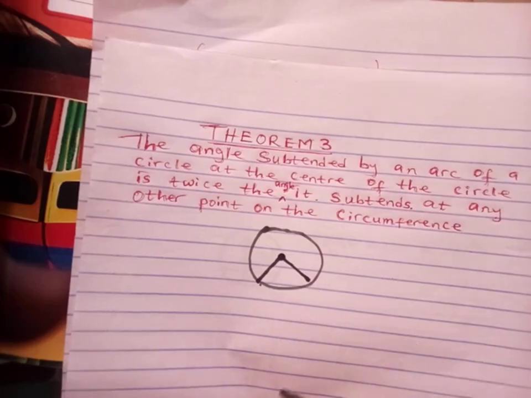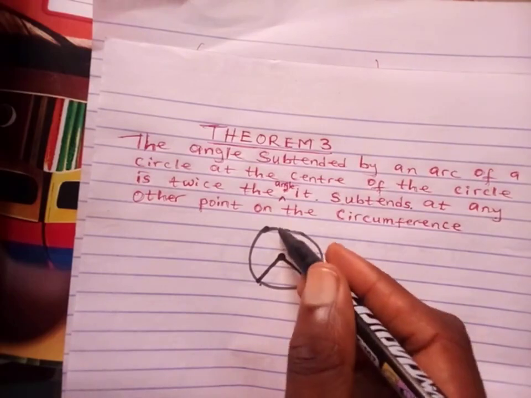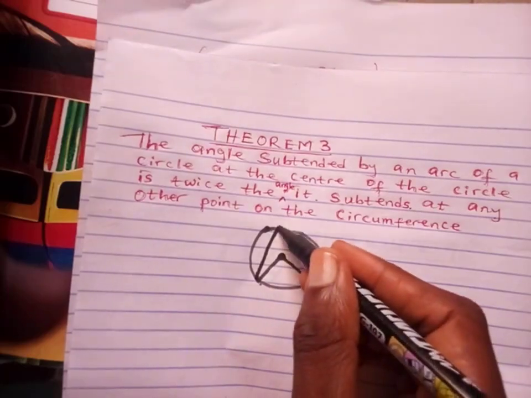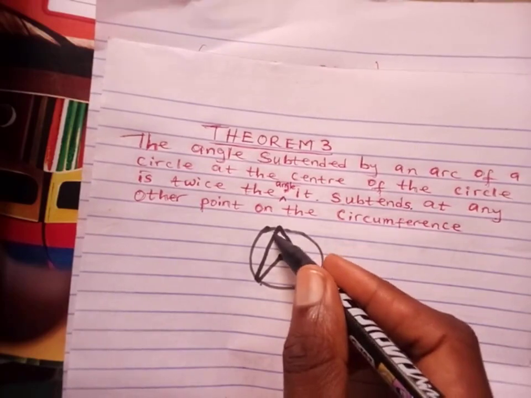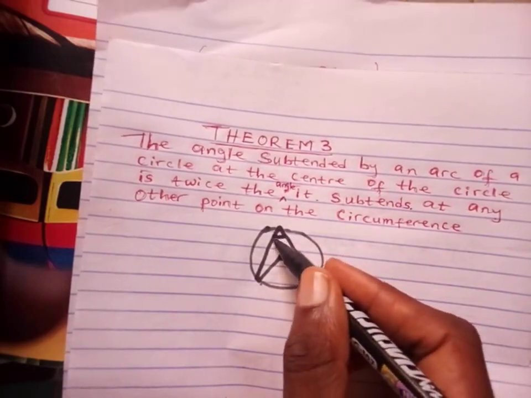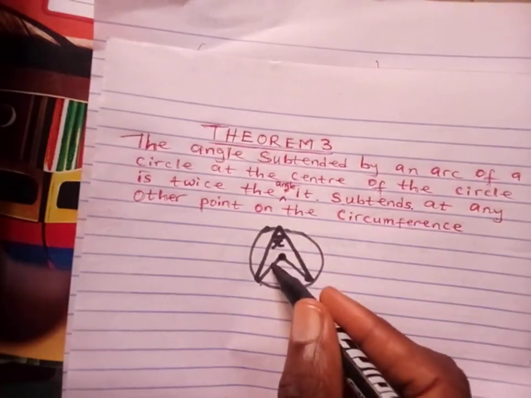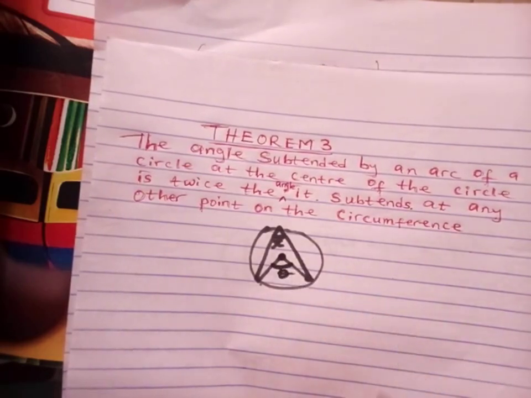This is an arc, and this arc subtends an angle at any point on the circumference. Now let me roll this so that an angle will be formed at the circumference. So an angle is formed here at the circumference. Let's call this very angle x. Now this is the center of the circle. Of course, an angle is also formed here. Let me call this very angle theta.